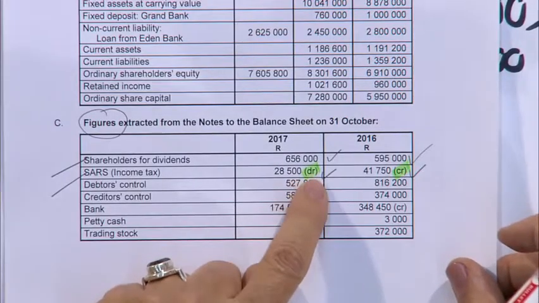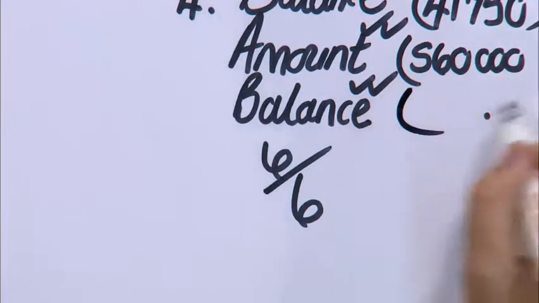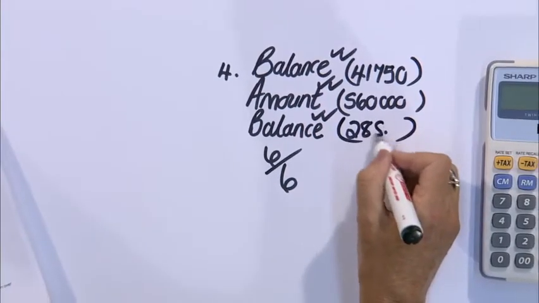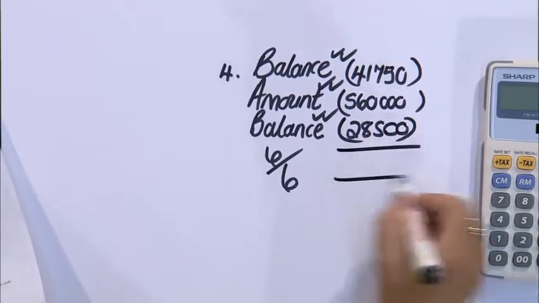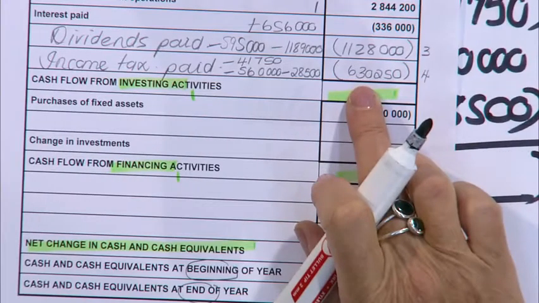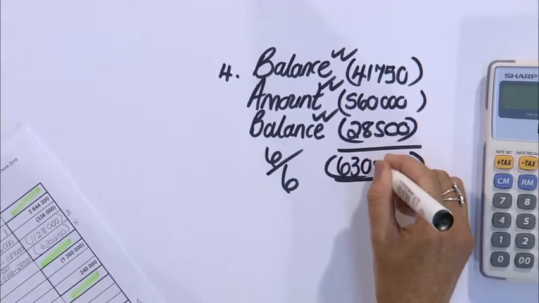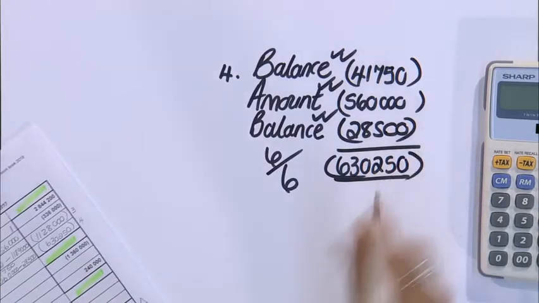What does this mean? I said debit means they owe me. Why do they owe me? I overpaid them. 28,500. See, there we go again. Pay, pay, pay. Answer, worked it out already, so I'm just copying from what we did before. We said 630,250. Let's write it in. 630,250. Right.